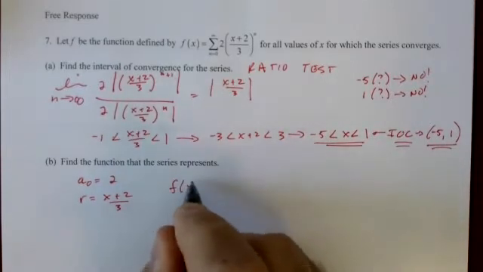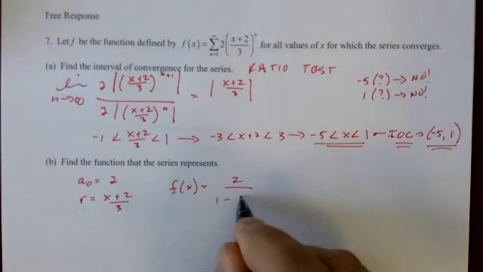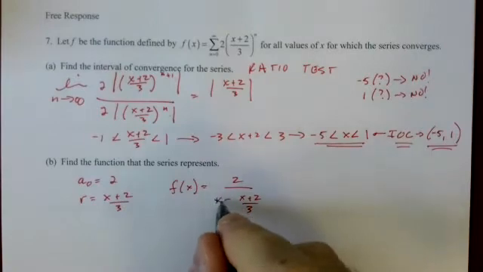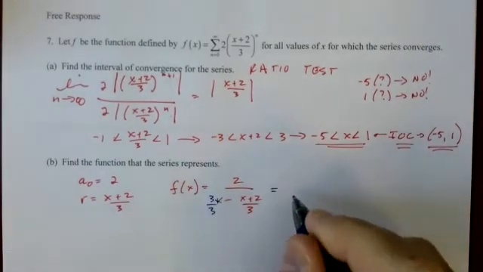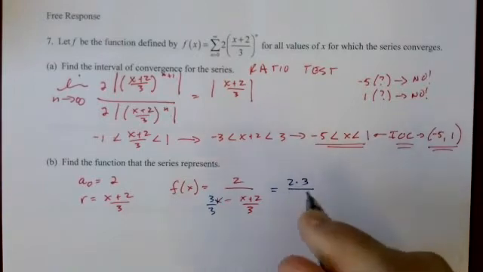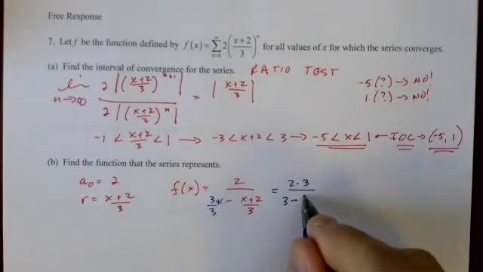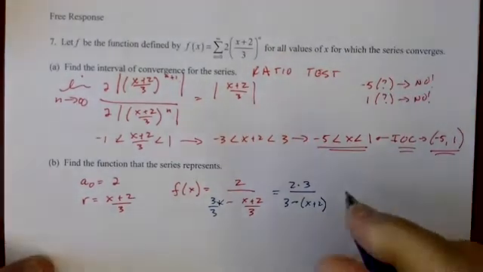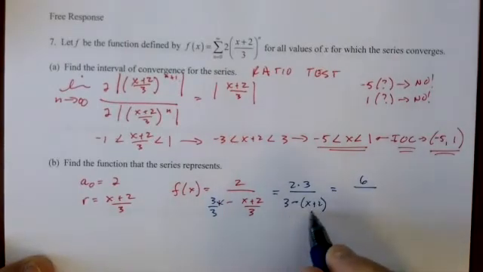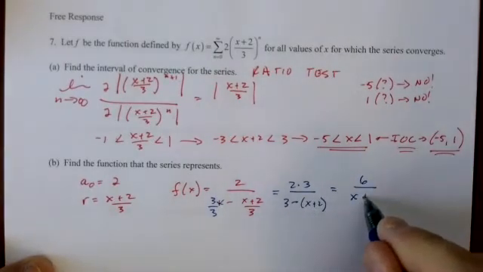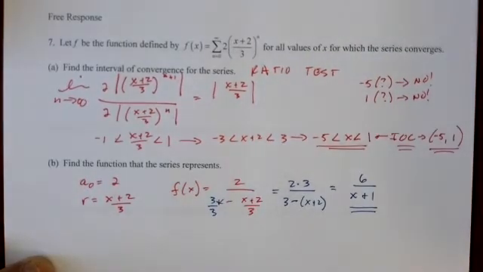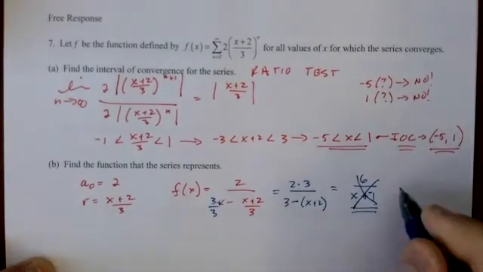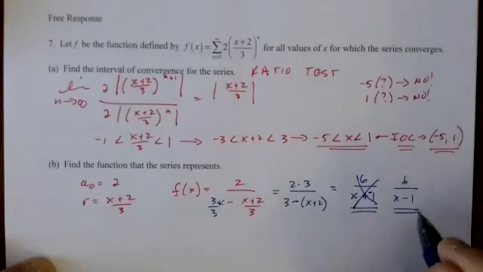So the function is 2 over 1 minus (x plus 2) over 3, equals 2 times 3 over 3 minus, careful here, (x plus 2). Equals 6 over 3 minus 2 is 1, so x plus 1... no, -1. That's embarrassing. 6 over (x minus 1).